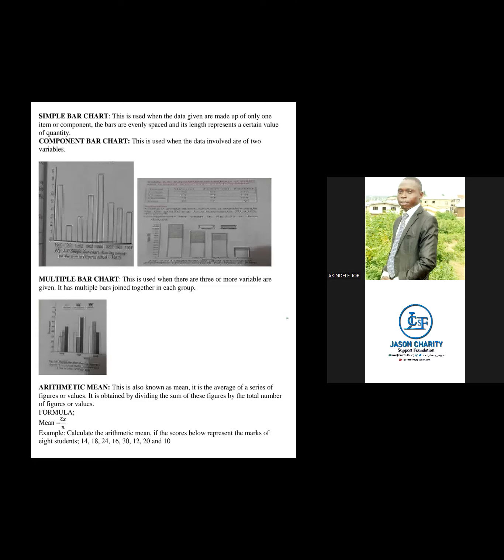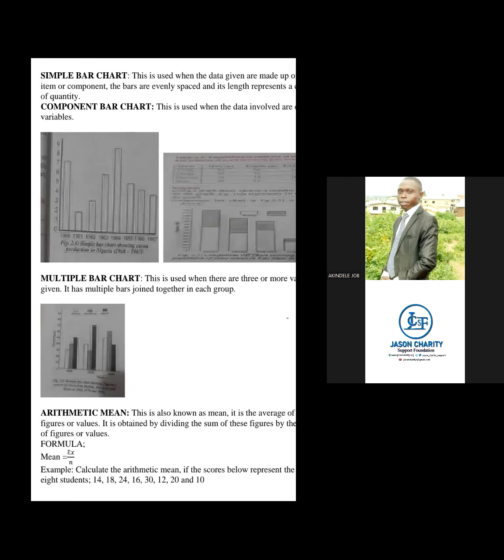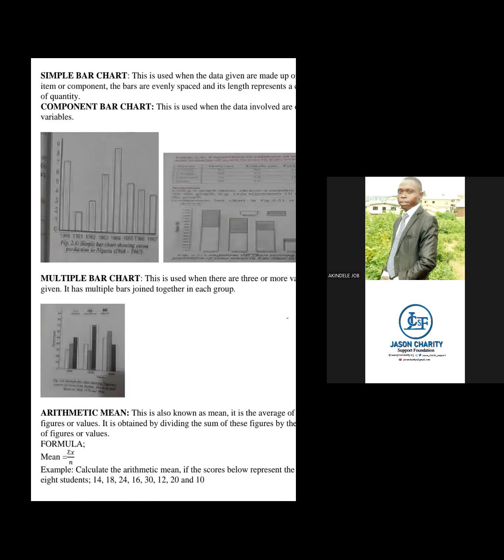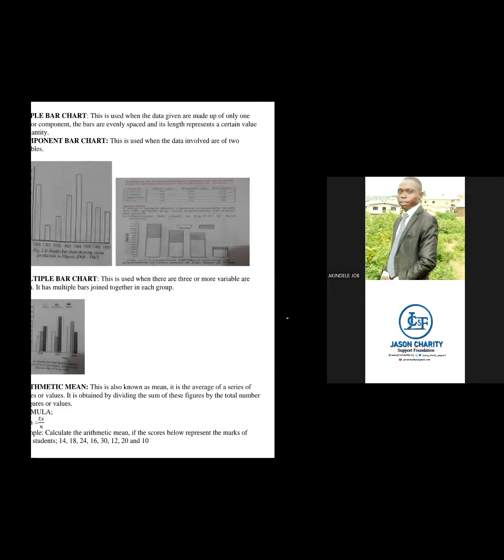So mean is the average of a series of figures or values. To obtain mean, you divide the sum of these figures by the total number of the figures. So we sum up the figures and divide by the number of times those figures appear. That is what our mean is.